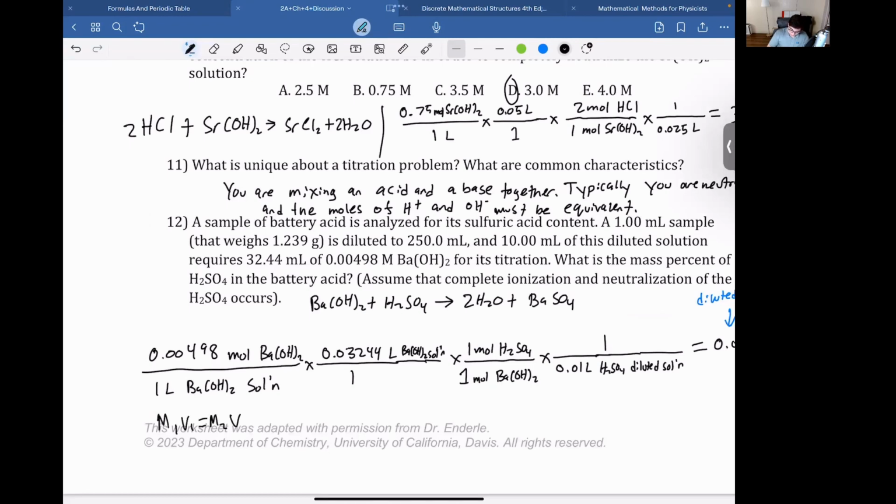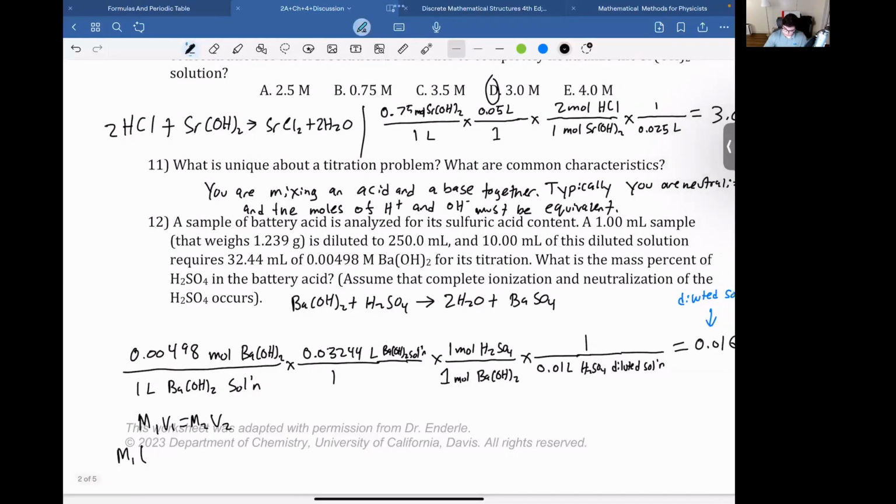And we want to work backwards. So we want to find the initial concentration before the second dilution. So we don't know what that is. We do know it was 10 milliliters of that solution.